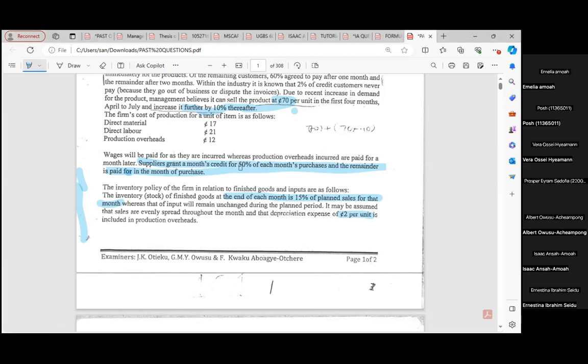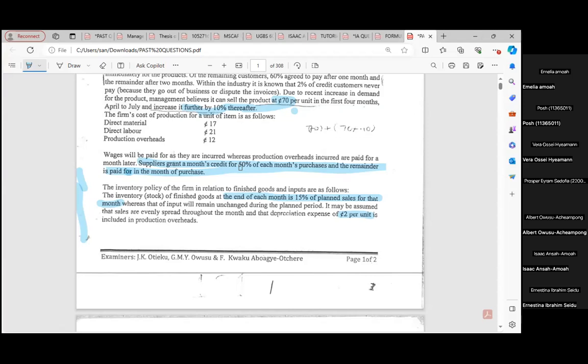The item is 100%. Your suppliers are saying that you pay 50% in the next month. And then the question was just nice enough to say that the remainder is paid in the month of purchase. In some cases, they won't even say it. The question will be blunt.